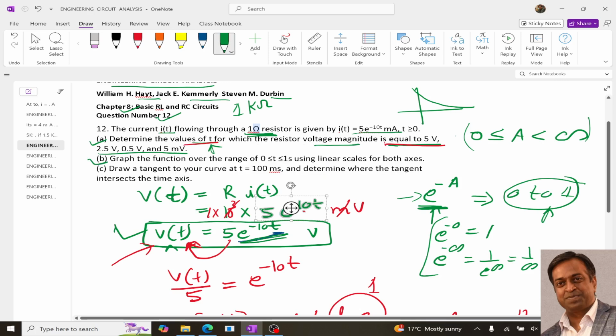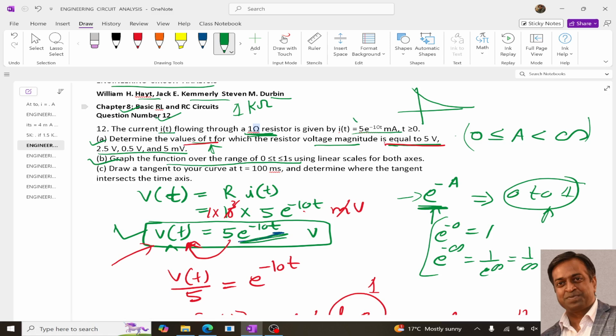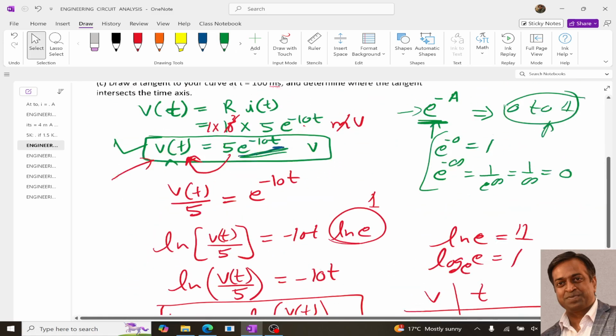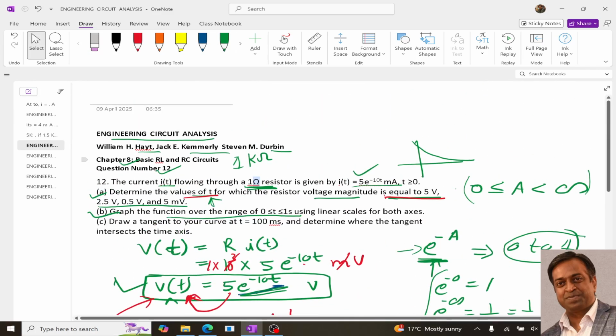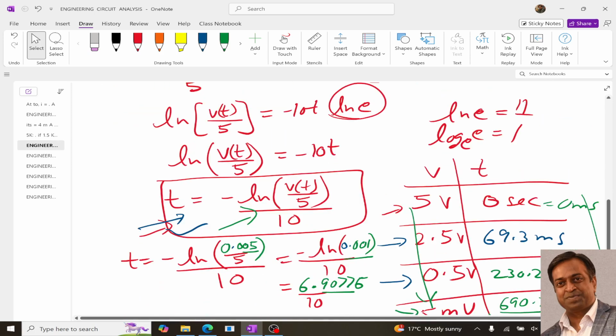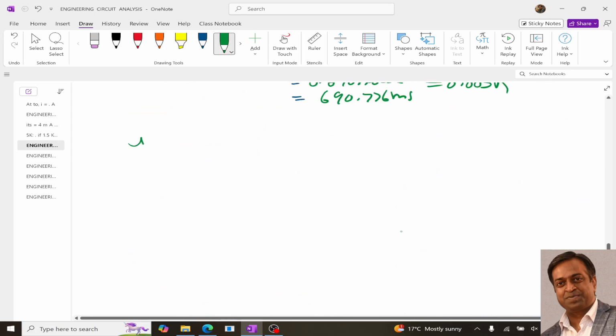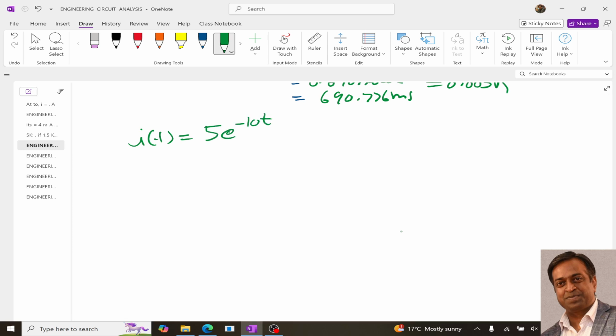Now part B of the question says that graph the function over the range 0 to 1 second. So we need to graph this function. If I plot it on a graph, our i is given as 5 e power minus 10t, right?